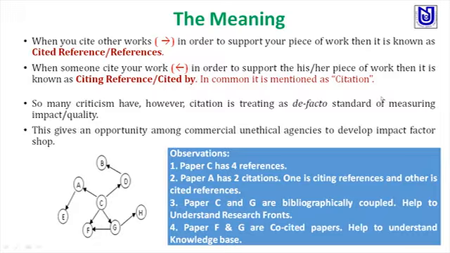In citation analysis, these are called cited references, and in common terms we call them references. After publishing, when this paper receives recognition from other papers, then in the citation analysis approach we call it citing references or cited by, and in common terms it is termed a citation.